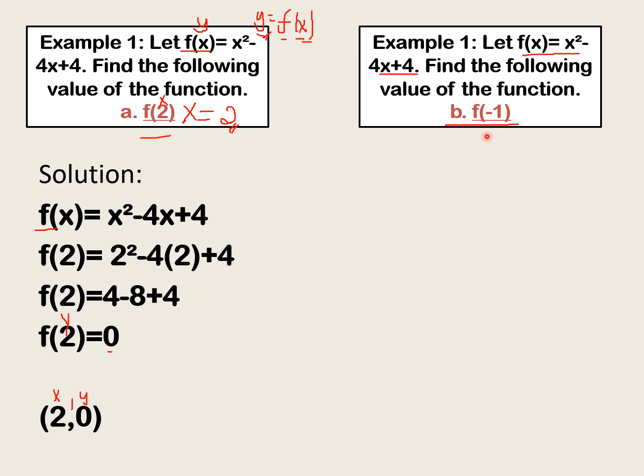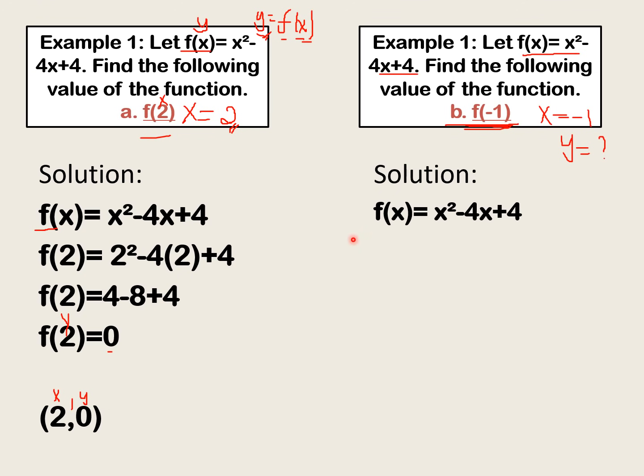Tama? Our x here, sulat ko lang, our x here, according to this notation, we have x which is equal to negative 1. So, kukunin natin si y. Okay? Kukunin natin si y. Now, this would be the solution.